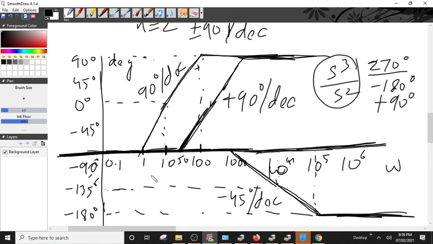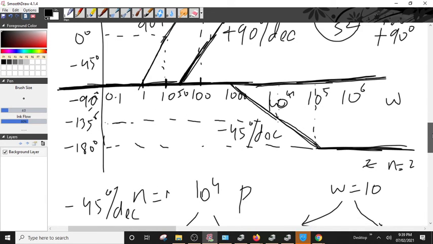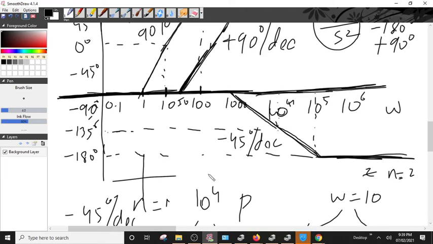So now if we want to add these three curves, then we know that till 1 we have nothing, so we have to go straight till 1. After 1 we have a single slope of plus 90 degree per decade, but look at this, we have a single slope till 50.